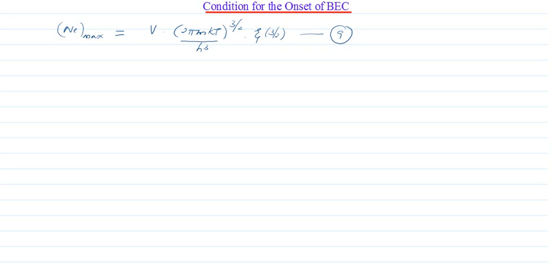So we have got an important condition for Bose-Einstein condensation. What is it? It happens when the number of particles in the system exceeds a critical number of particles that all the excited states can occupy.